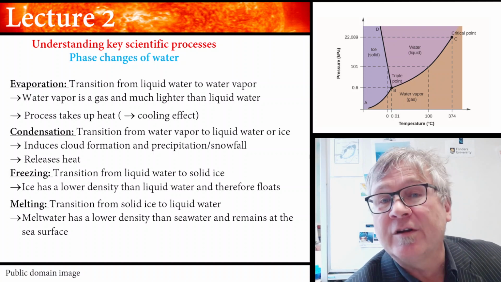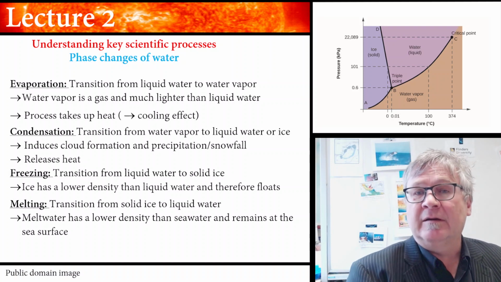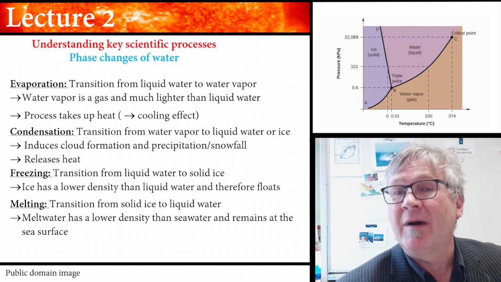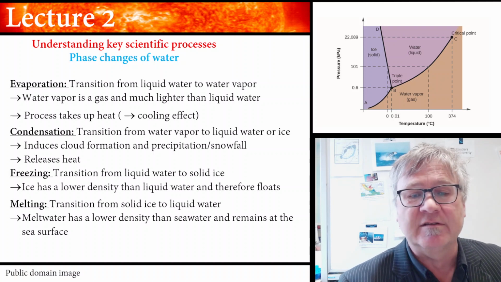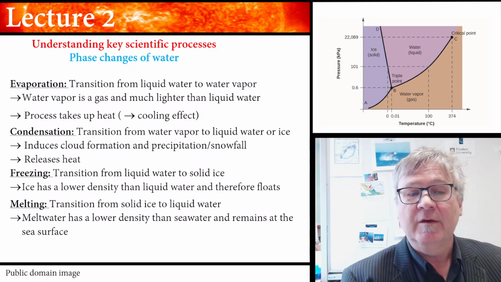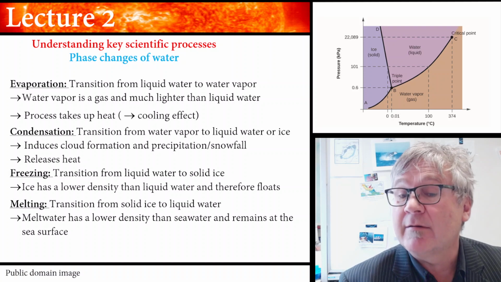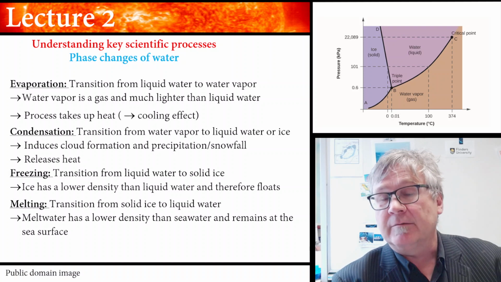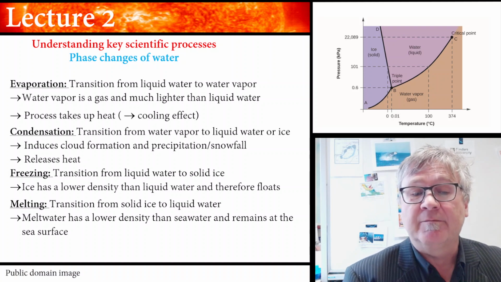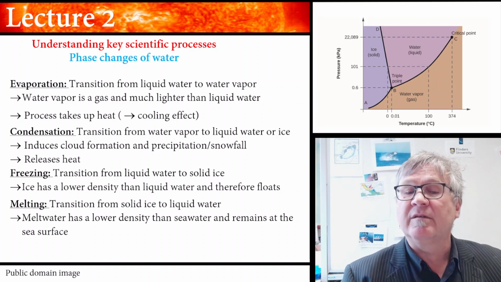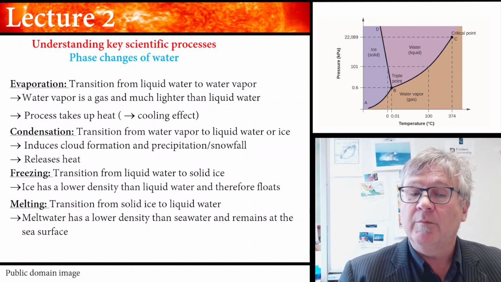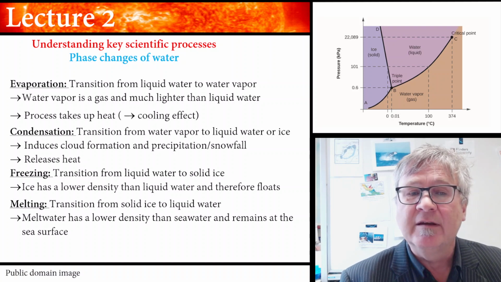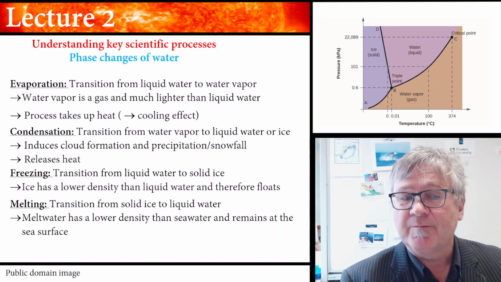For seawater, the effect of salinity lowers the freezing point temperature to around -2 degrees Celsius. Ice has a lower density than liquid water and therefore floats. That's an extremely important feature of the climate system. Melting is the transition from solid ice to liquid water. Meltwater has a lower density than seawater and therefore remains at the sea surface.